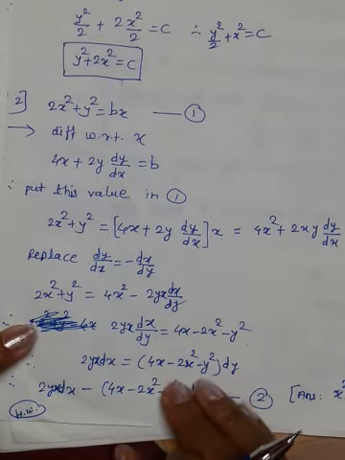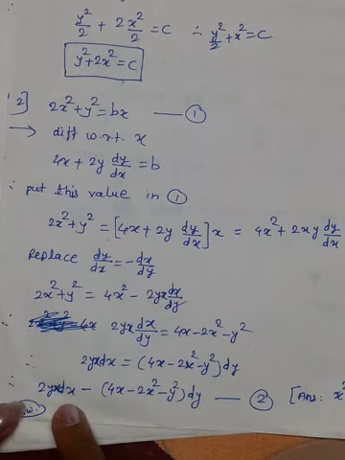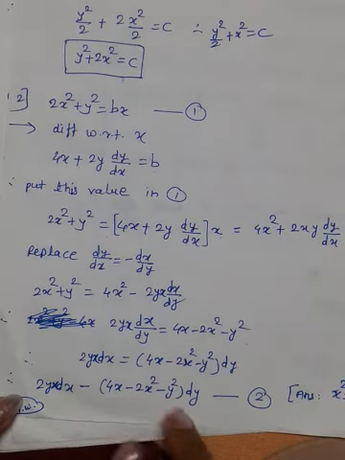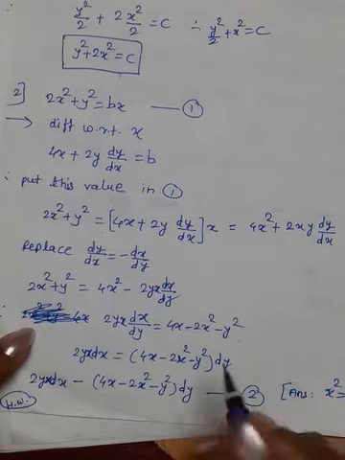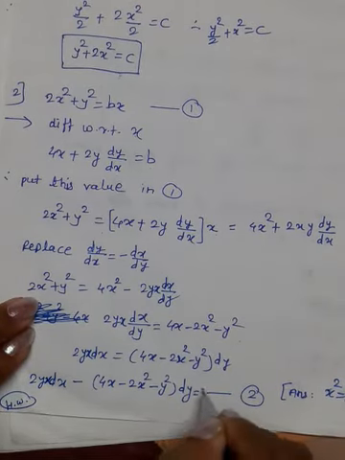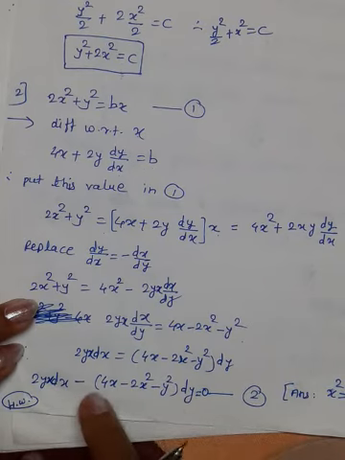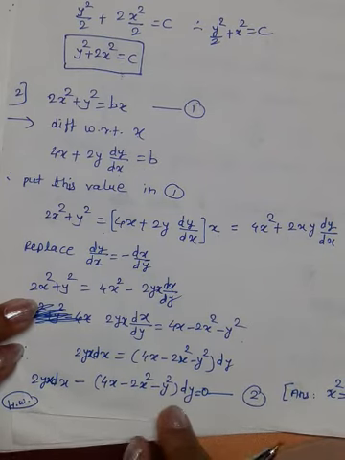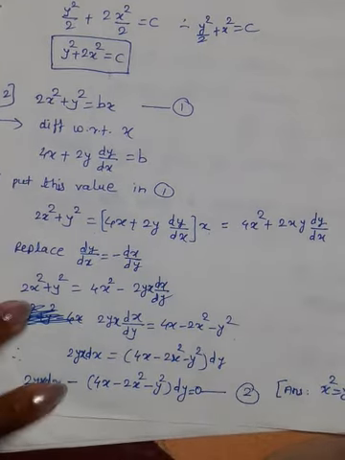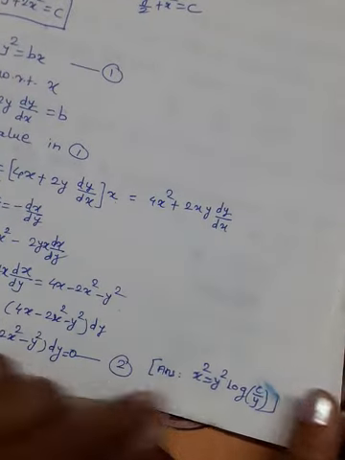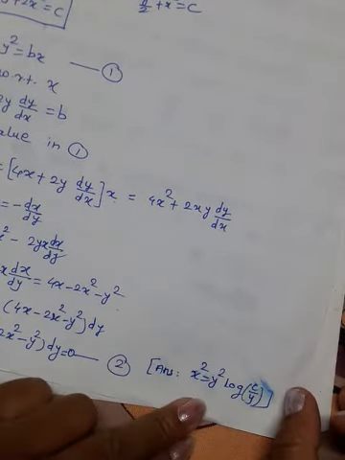Now again take the whole term to this side, we get 2xy dx minus this term into dy is equal to 0. This is our M dx plus N dy. This is M and this, with the minus sign, is N. Now solve this equation by any method. The answer is this.